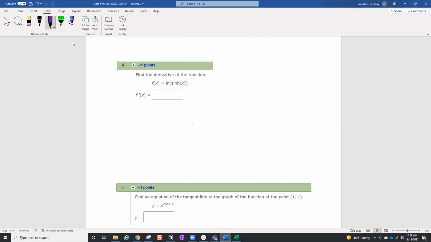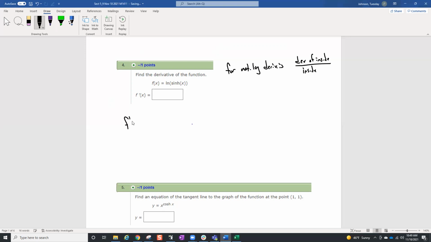I want the derivative of the natural log of hyperbolic sine. So I know that for the natural log, the derivative is the derivative of the inside divided by the original inside.